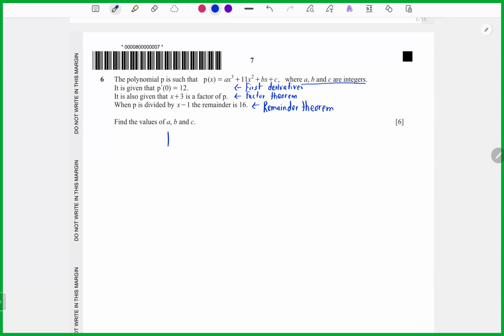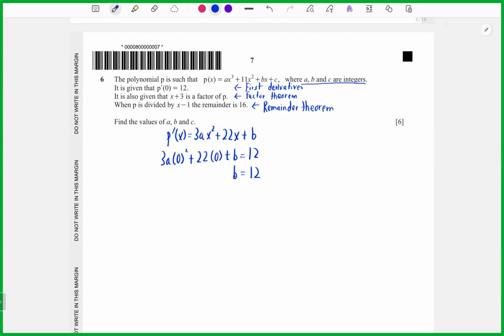Doing the first differentiation, you will get 3ax squared plus 22x plus b. So you can write 3a times 0 squared plus 22 times 0, which is 0, plus b equals 12. So b equals 12.